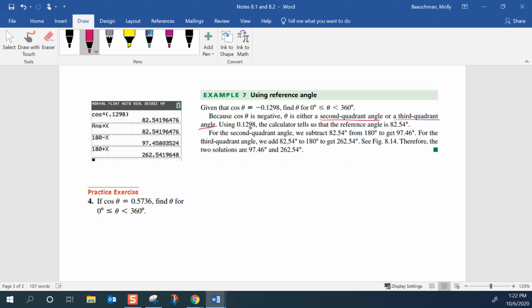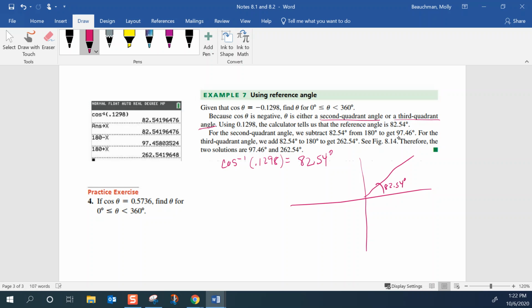Using the 0.1298, we find the inverse cosine. We're just using the reference angle, 0.1298, and looking at the positive. The calculator tells us that the reference angle is 82.54 degrees. So I'm going to draw that, 82.54 degrees, not to scale.